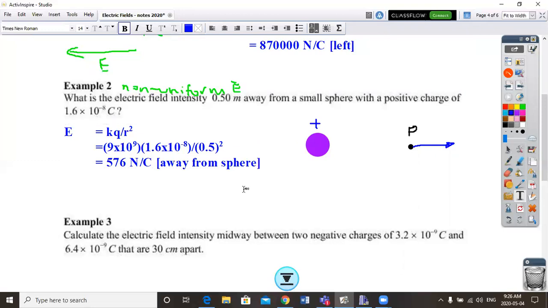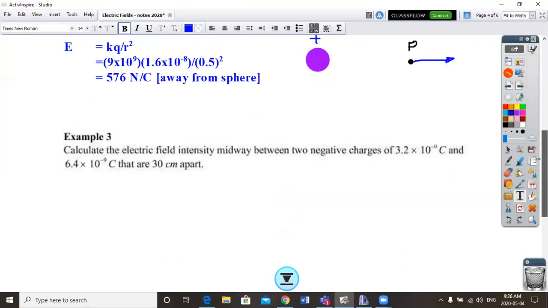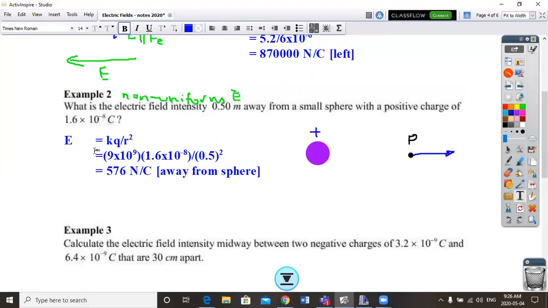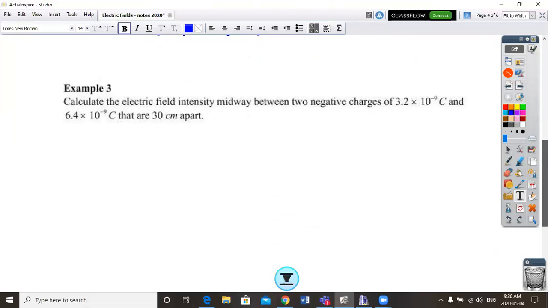That would be our answer. And I guess we'd have to round our sig figs. So that should be 580 newtons per coulomb. Okay. Hopefully that's pretty straightforward, using Coulomb, like using the force KQ over R squared to get the electric field.